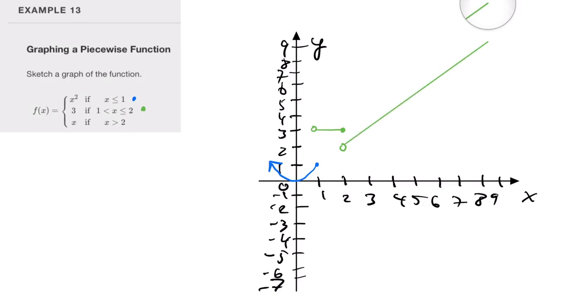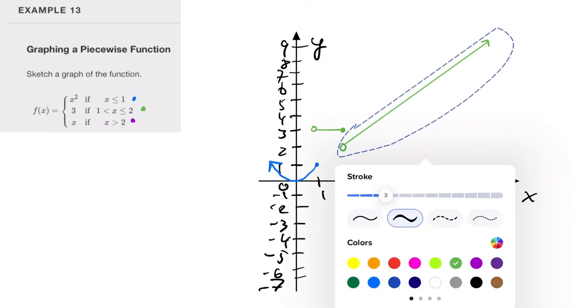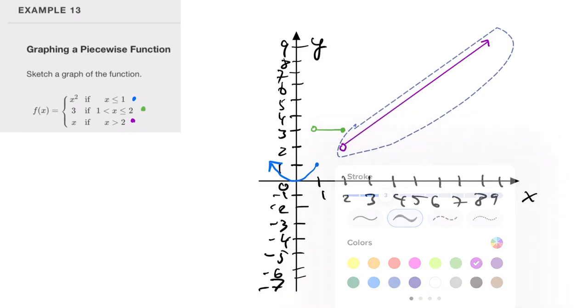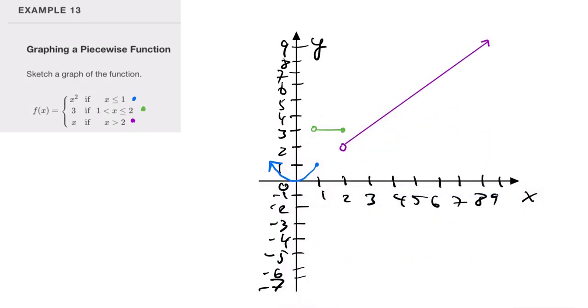Essentially what I did was graph the parabola like normal, but the domain says this only applies when x is less than or equal to 1. So I just kept the part to the left of 1 and used the proper endpoint, in this case a closed circle. For the middle one, that's just a flat horizontal line, y equals 3, but it only applies when x is between 1 and 2.